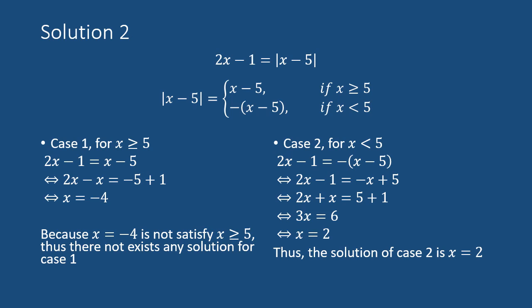Thus, because x equals 2 is less than 5, the solution of case 2 is x equals 2. Therefore, the solution of equation 2 from case 1 and case 2 is x equals 2.